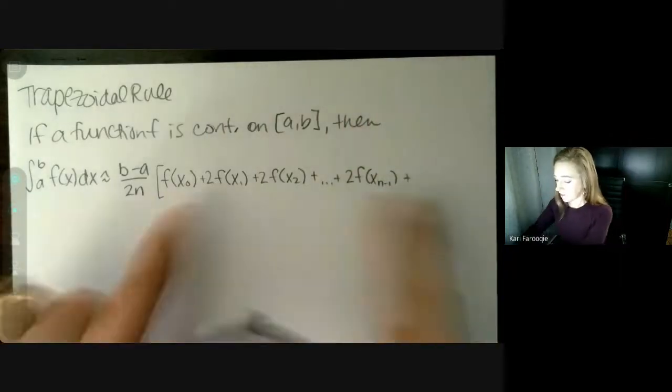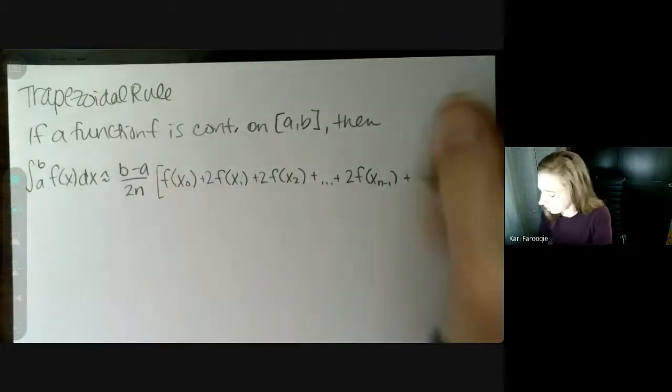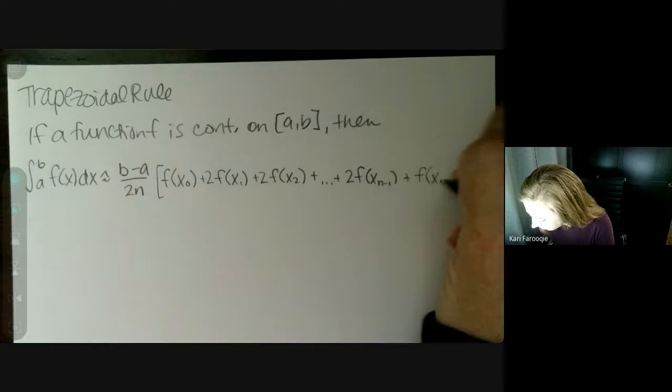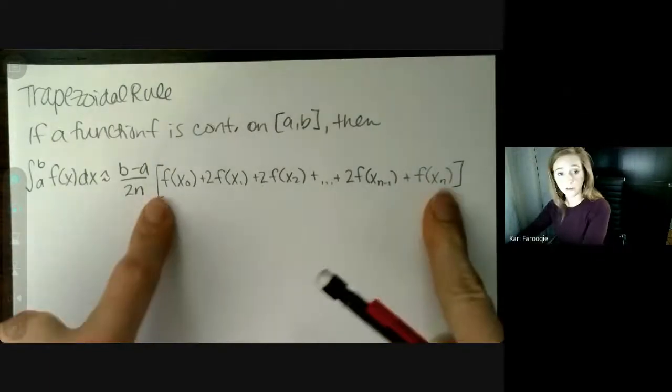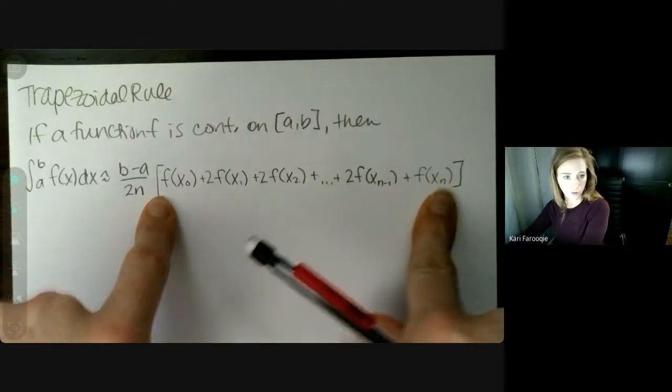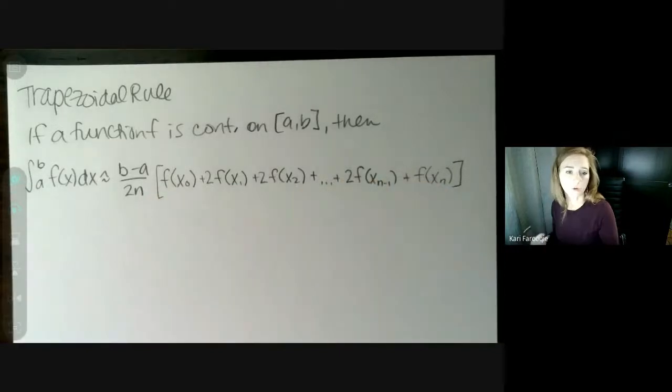And you're going to add that on the ends to just once f of x sub n. So the first and last term, you're only going to just use the function value. And then for all the terms in the middle, you're going to multiply the function value by 2.